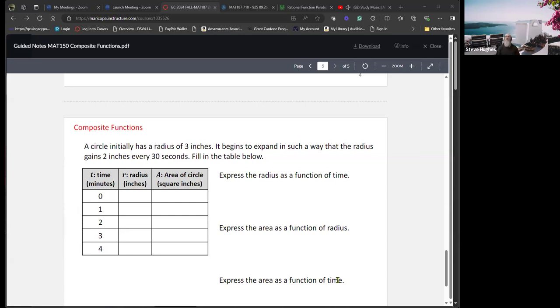All right, so my circle originally has a radius of 3 inches. So I have a circle. It has a radius of 3 inches.